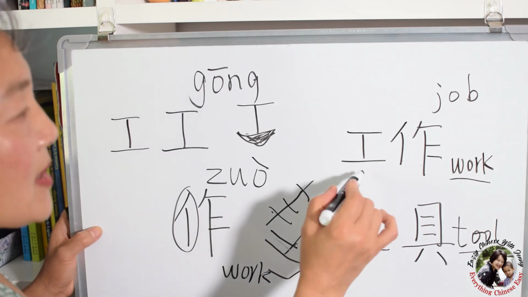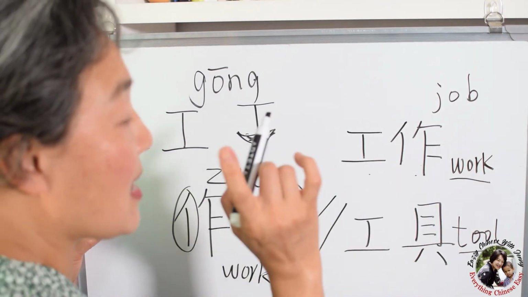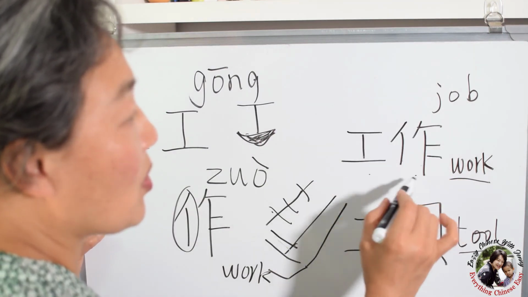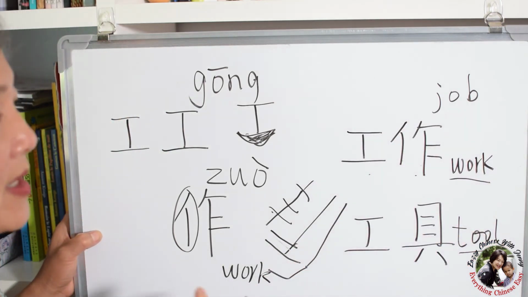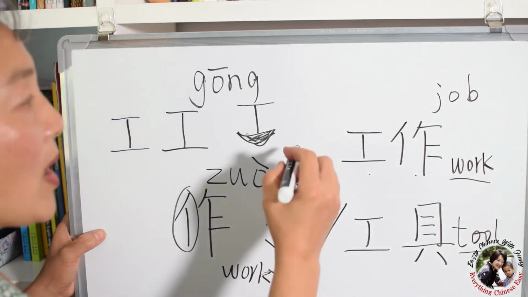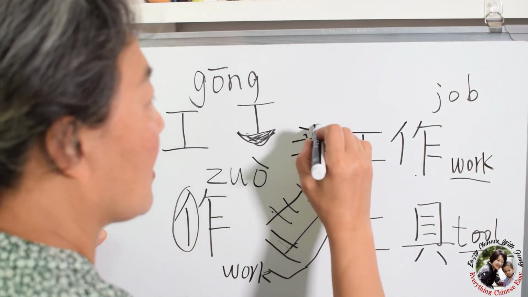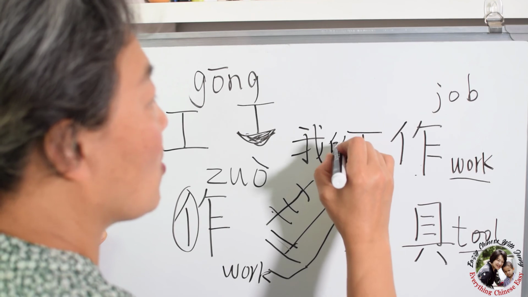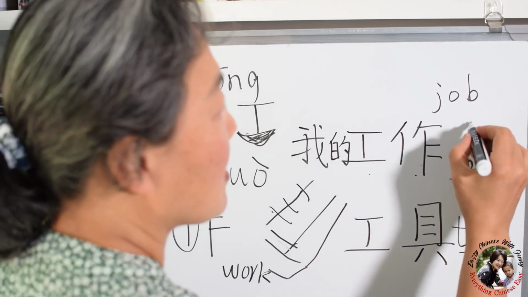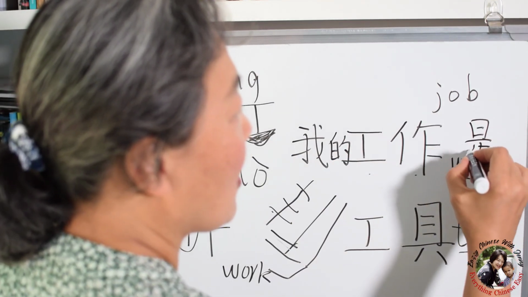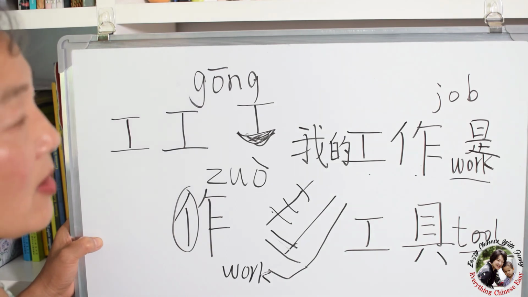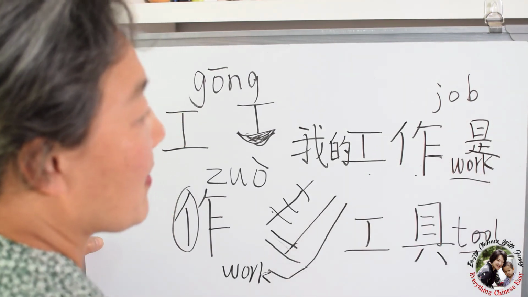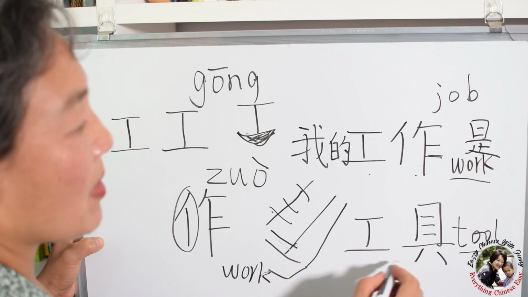We like to put these two characters which have the same meaning together, also means work or job. For example, if I say 我的工作是, means is, right? 我的工作是律师, my job is a lawyer, legal profession. 工具 means tool.